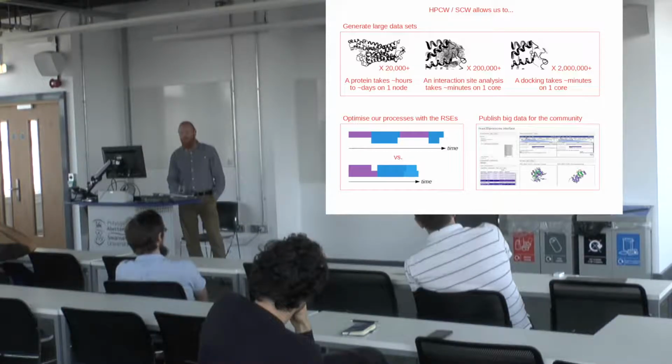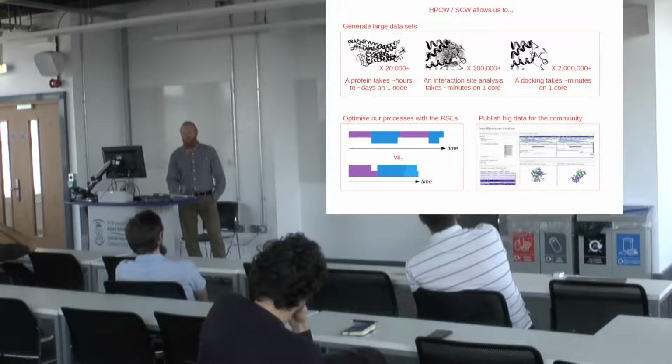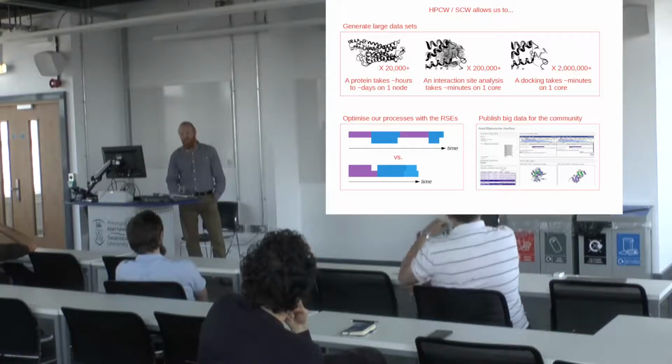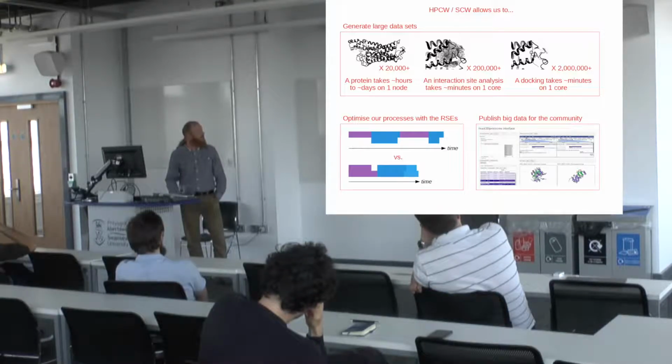Then once you've got that huge set of protein structures, you want to look at how a large library of chemicals will react to them, so you can pick out which proteins are relevant to that drug, or if you've got a protein of interest, which chemicals or drugs will interact with it.